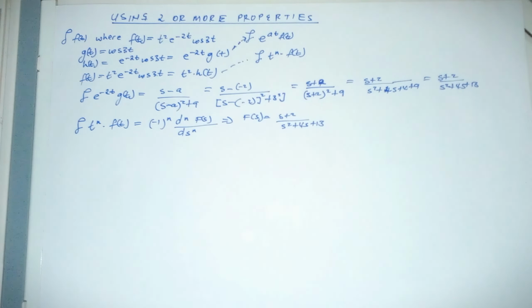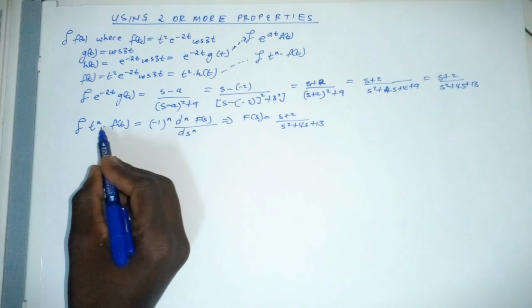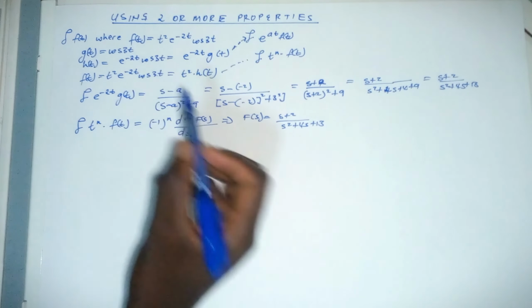Now n is 2, because we have t squared here, so that means n is 2.